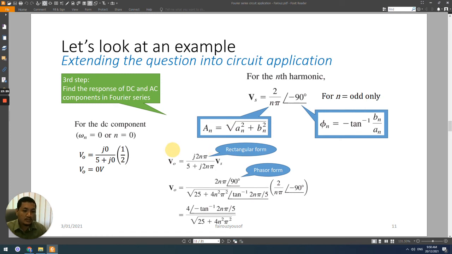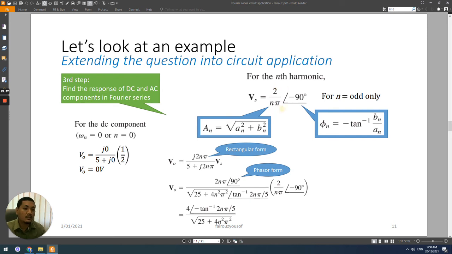Now this is the equation again, V out, voltage divider. What is Vs here? For AC, Vs is represented in amplitude and phase form, which is 2 over n pi with angle, or phase, negative 90 degrees.